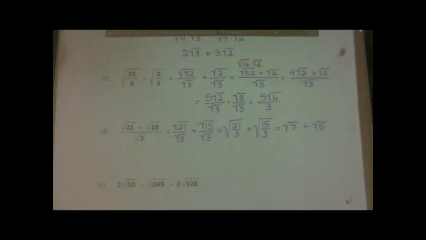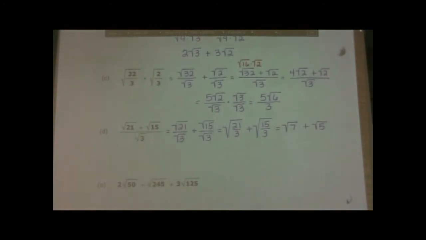So this is the square root of 21 over 3 plus the square root of 15 over 3. And both of these divide, which is why we use this particular method. 21 divided by 3 is 7, so this is the square root of 7. Plus 15 divided by 3 is 5, so this is the square root of 5. And neither the square root of 7 nor the square root of 5 is going to simplify any further, and so we're done.